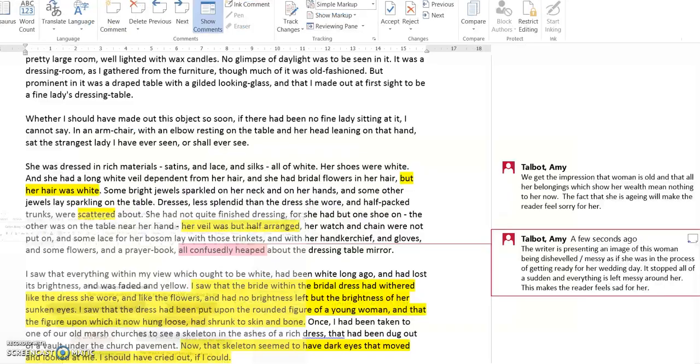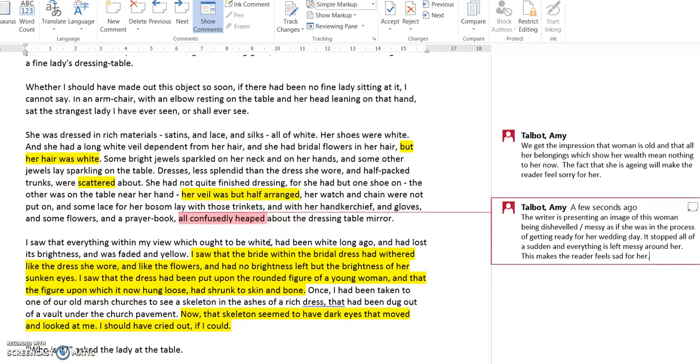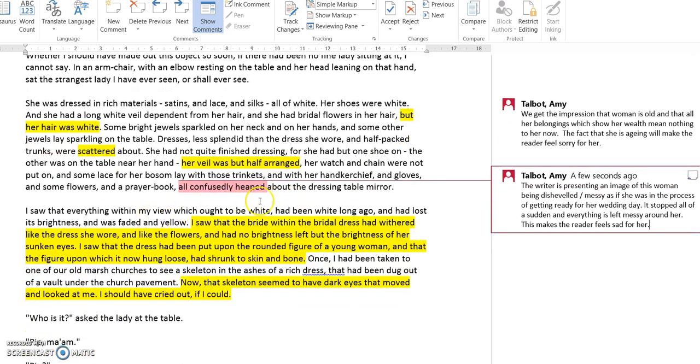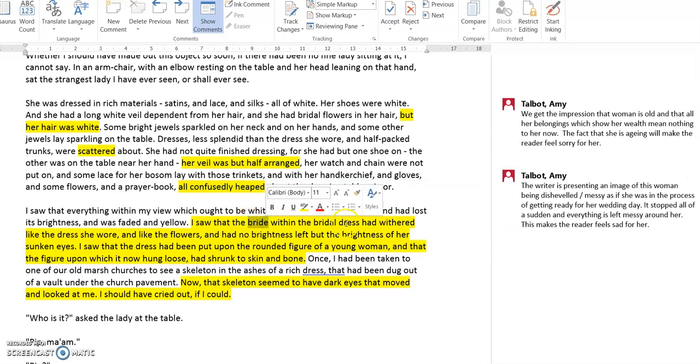Okay. So if we go back to the extract. Okay, so then we've got paragraph 5. Now this one you've already analysed in question 2. And so remember we talked about how the woman is now withered, and I saw that the dress had been put on the rounded figure of a young woman, and that the figure upon which it now hung loose had shrunk to skin and bone.